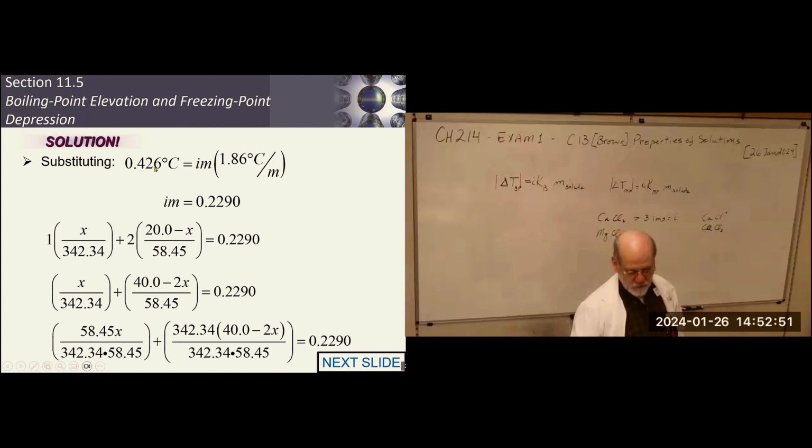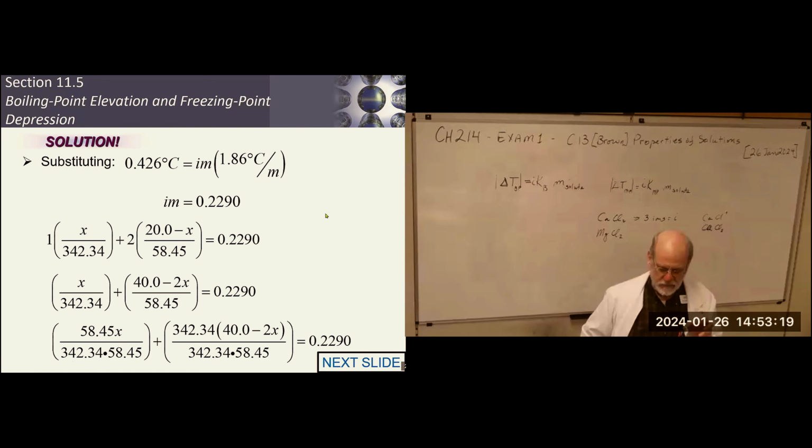This is 0.426, the change in temperature, equals the van 't Hoff factor times the molality times the K value. So we're going to solve it for the van 't Hoff factor times molality. We just take this value over here and divide it into that one, and we get 0.2290. Well, 0.2290 is i times the molality.